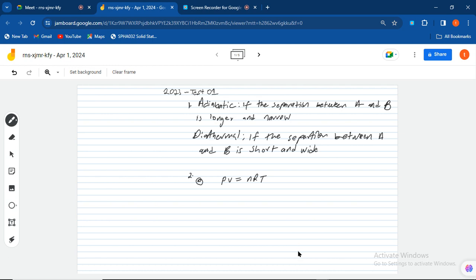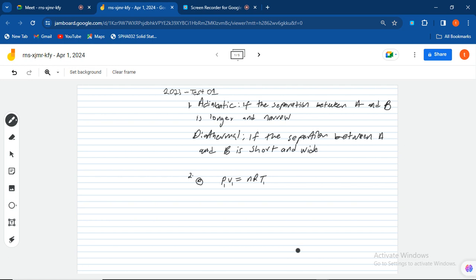But in this case, we will talk of P1 V1 equal to nRT1, because this pressure, volume, temperature are state variables.